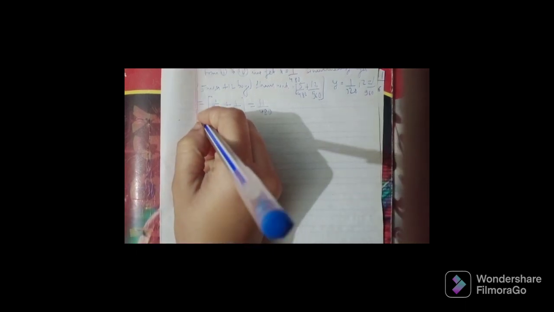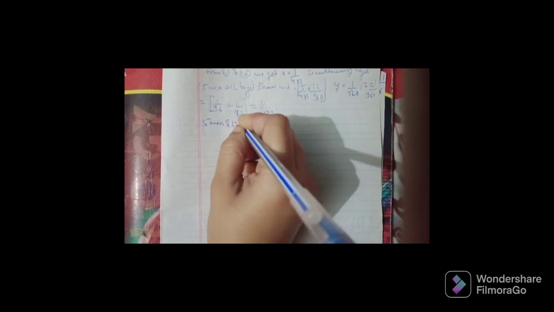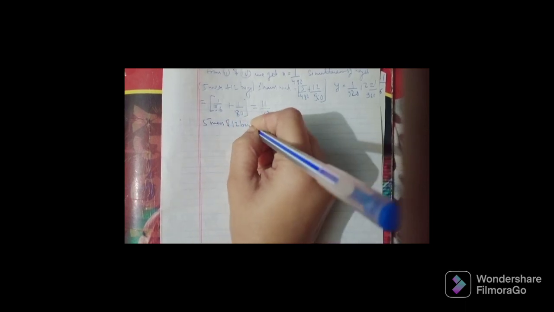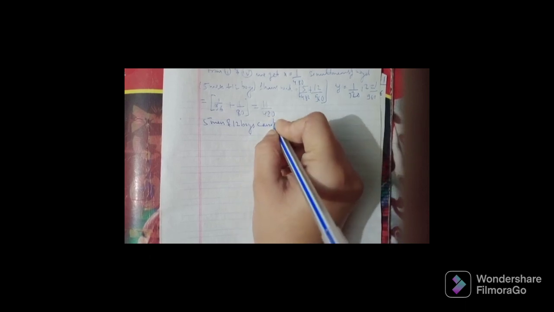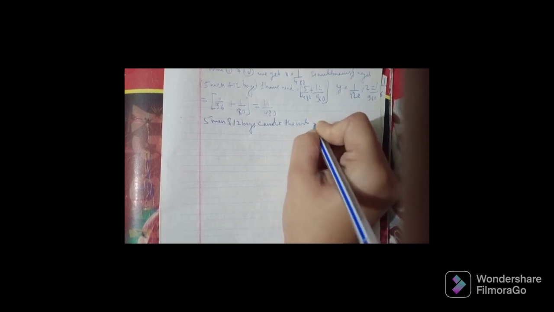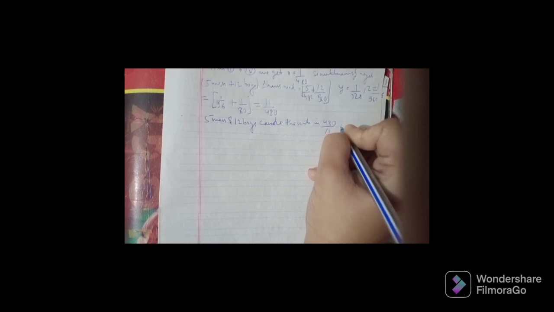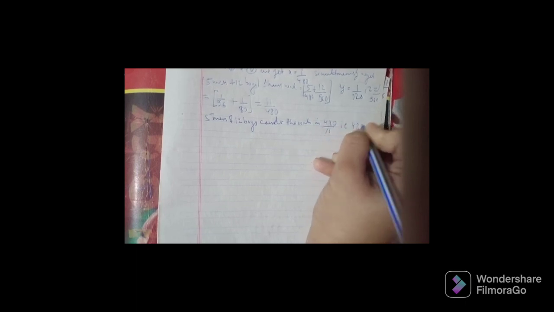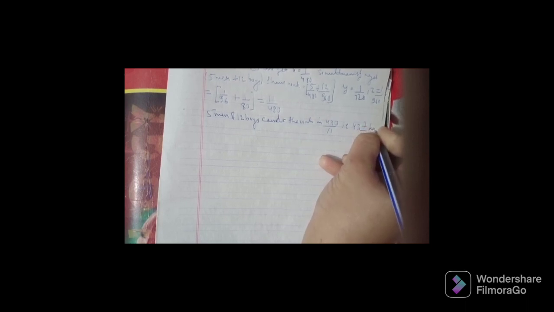So 5 men and 12 boys can do the work in 480 upon 11, that is 43 7 by 11 hours.